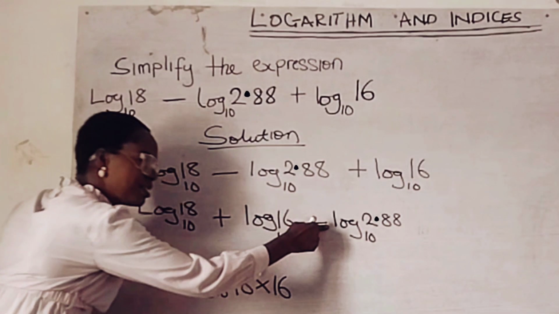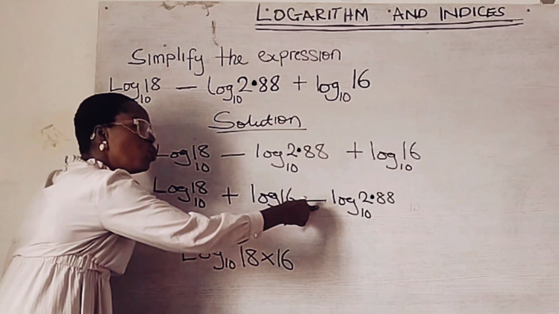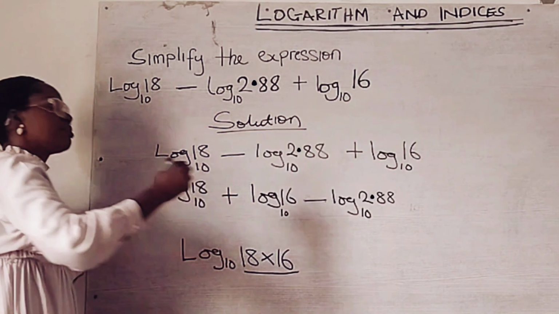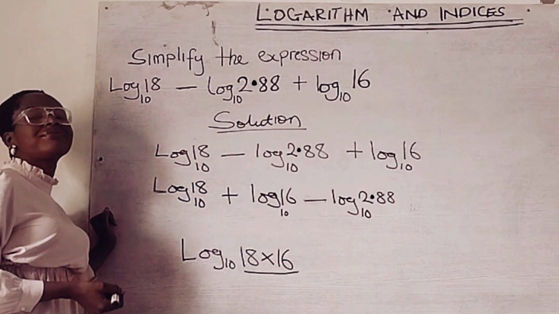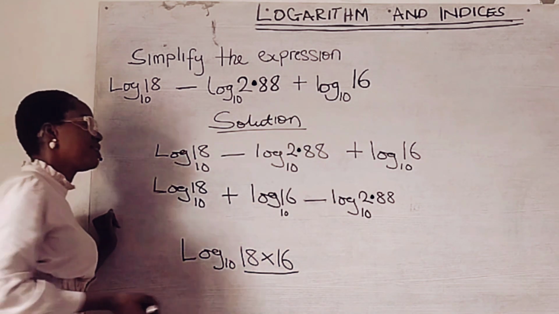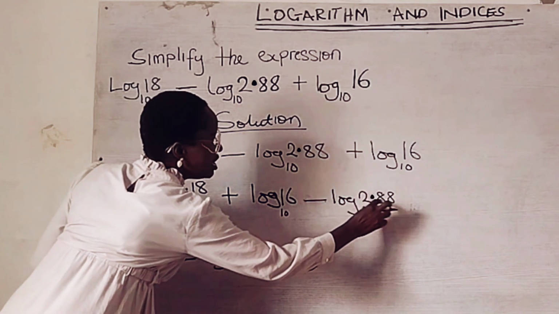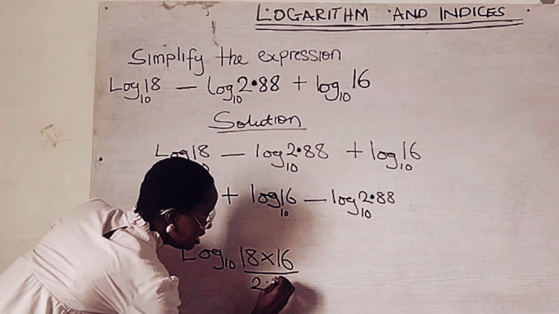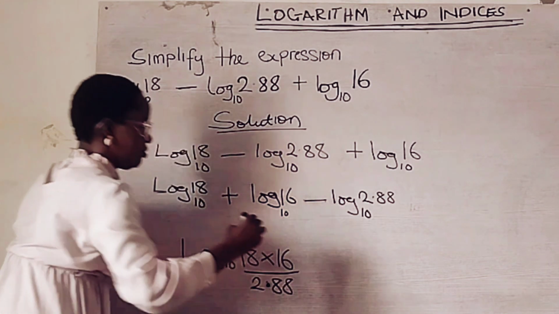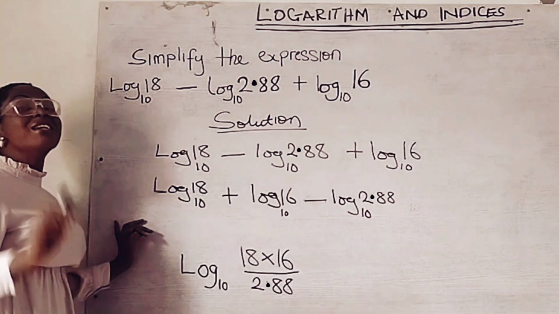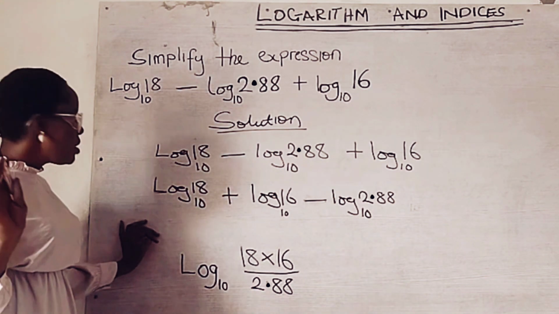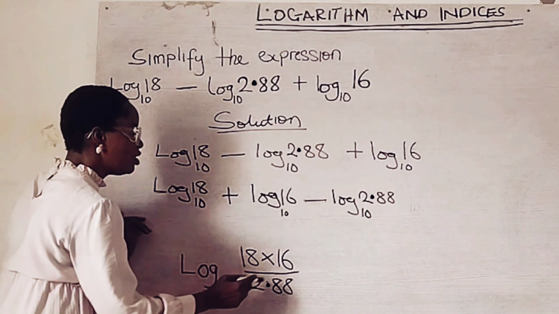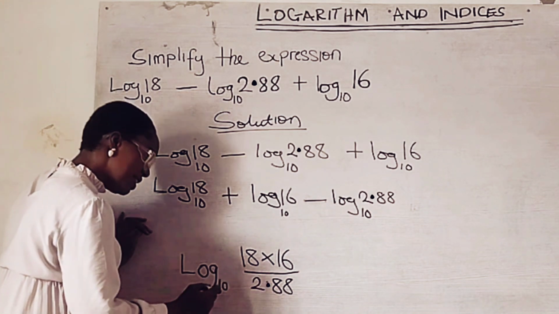This minus, according to the laws of logarithm, will change to division. And I'll put this 2.88 under. You get it? So what do you have on the board now? We have log of 18 times 16 over 2.88 base 10.